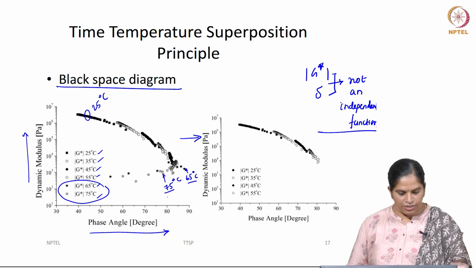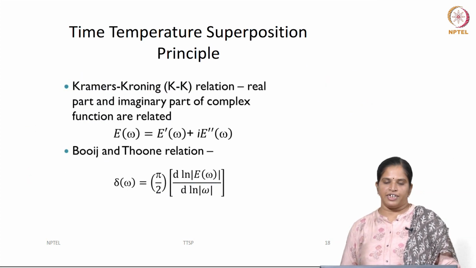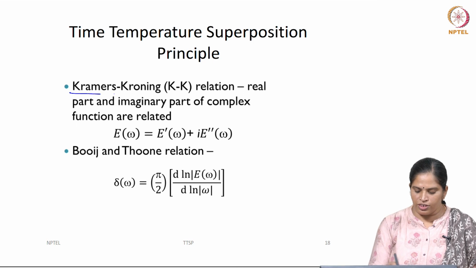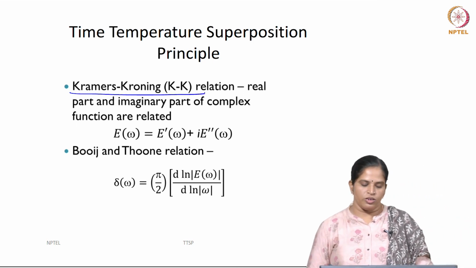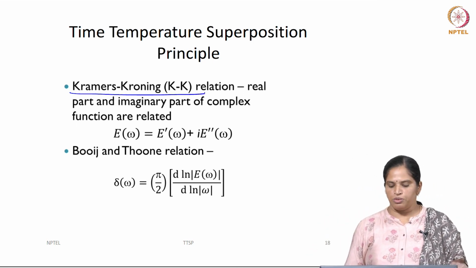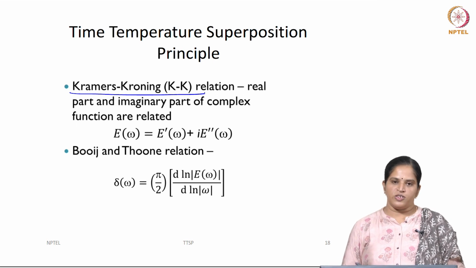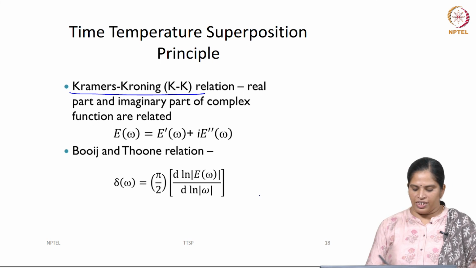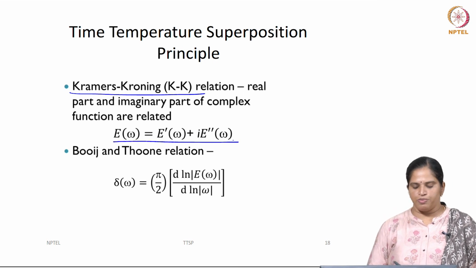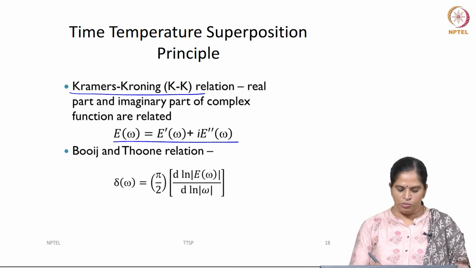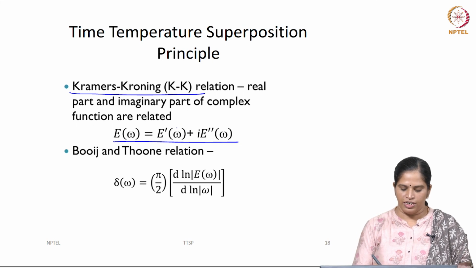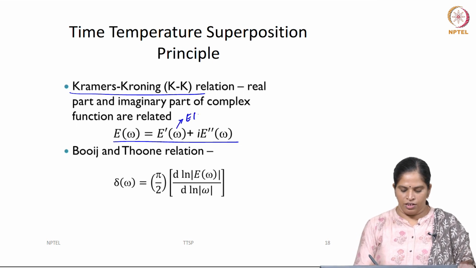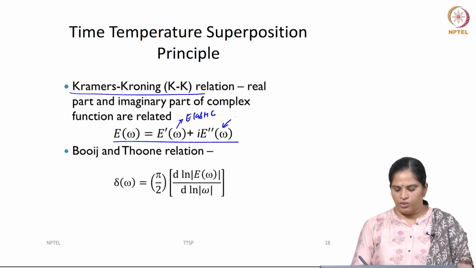The next approach for checking the data is to use the Kramers-Kronig relations. This is also widely used for bitumen and bituminous mixtures to check the consistency of the dynamic modulus and the phase angle values. We know that the complex modulus has two parts: the real part, which we call the elastic modulus, and the imaginary part, which we call the viscous modulus.